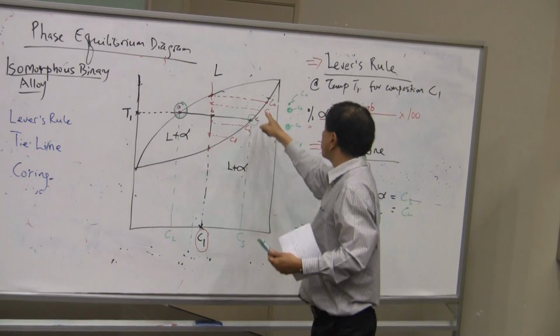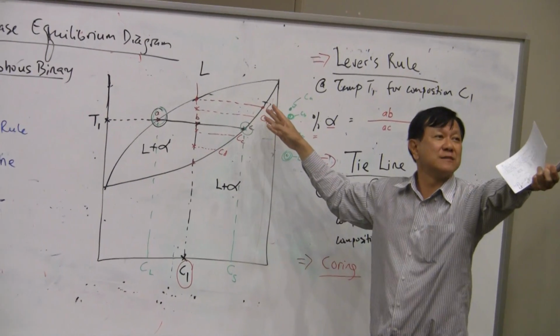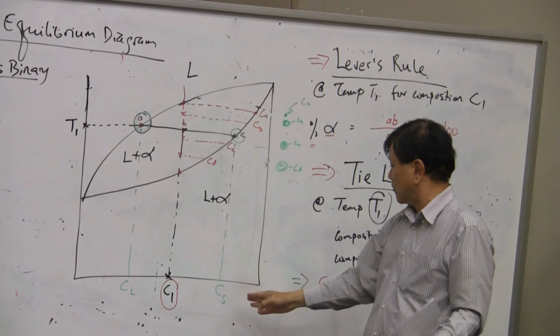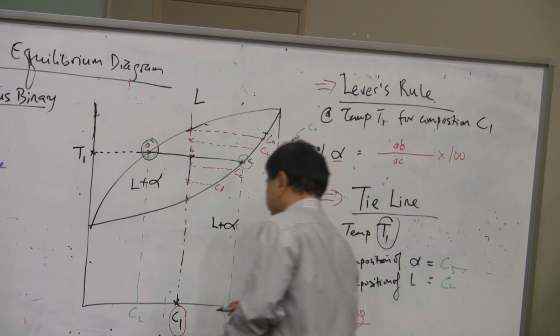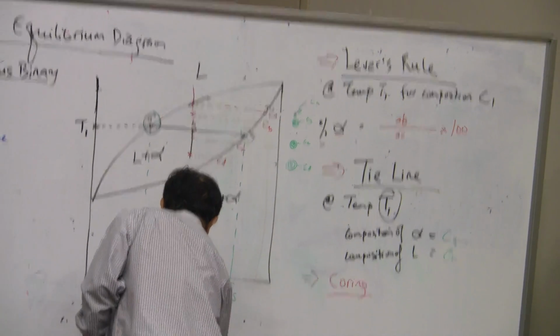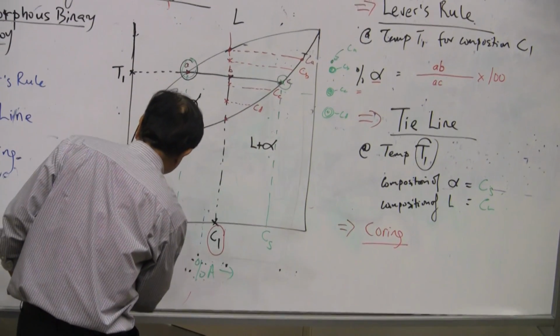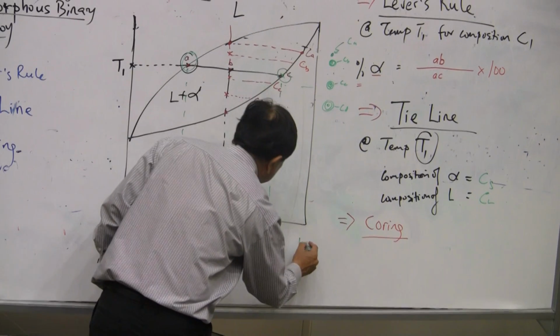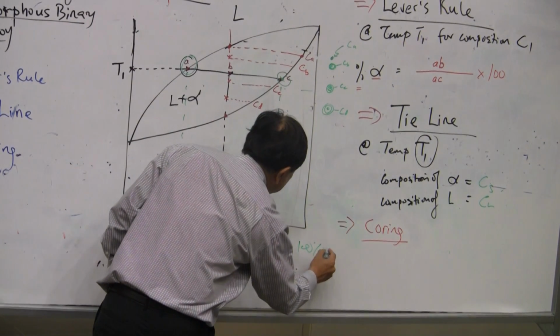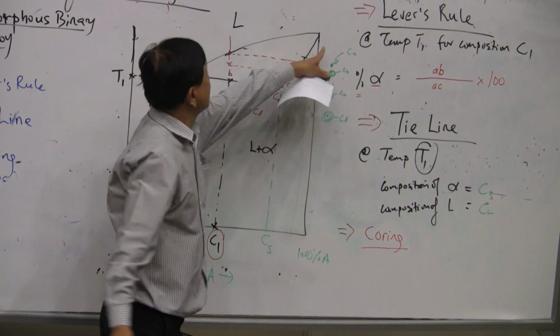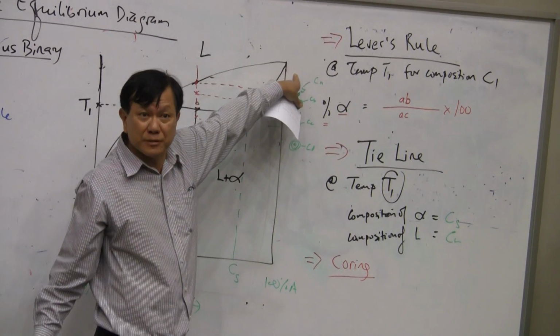The inside one will have more of what? More of this one here. Let's say percentage A, here is 0% A, here is 100% A. A has a higher melting point.